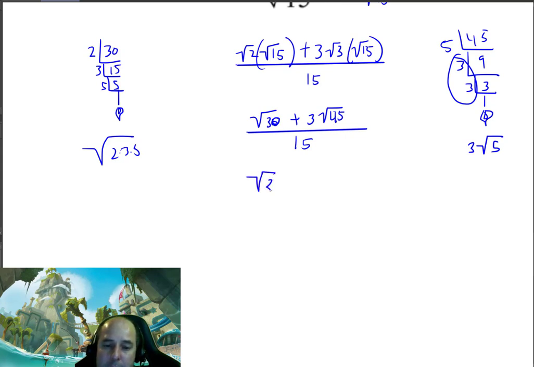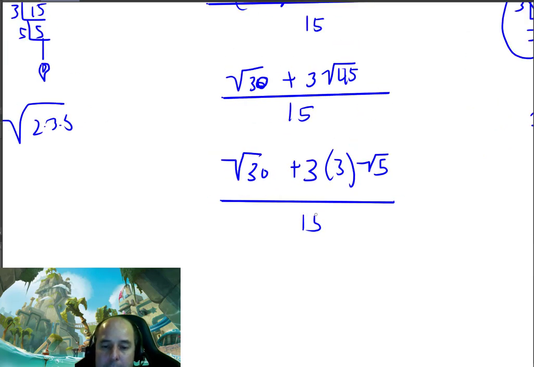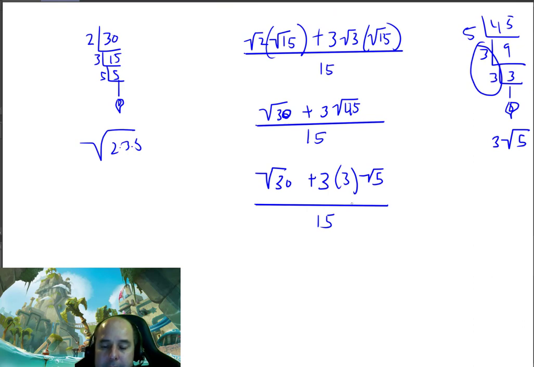So I now have the square root of 30 plus 3. This 3 is not part of this 3. This is the 3 from here, right? 3 times 3 square roots of 5, and that is all over 15. So now it's just a matter of simplifying some stuff, right?